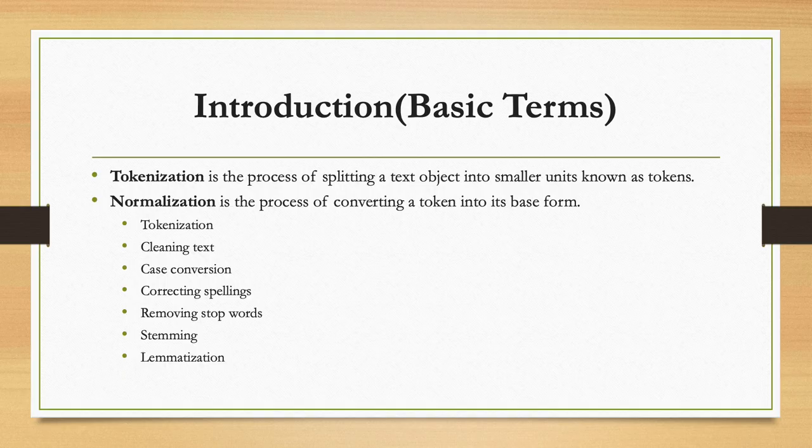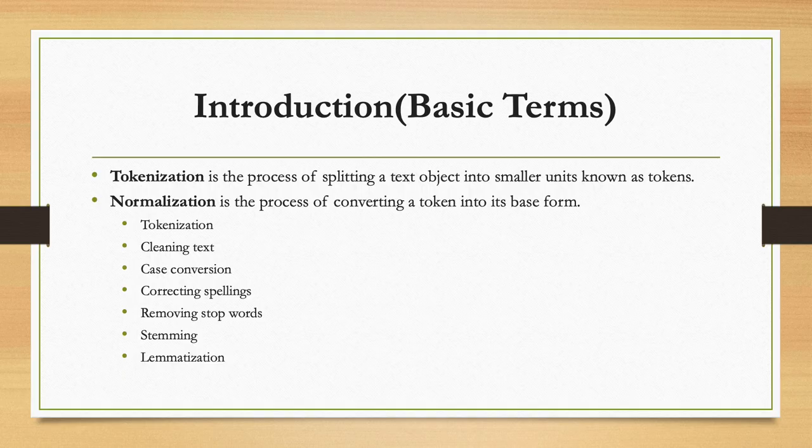Of course, just a review about tokenization: it is the process of splitting a text object into smaller units known as tokens. Today we'll be discussing the different normalization techniques, which refer to the process of converting a token into its base form. Part of the normalization includes tokenization.